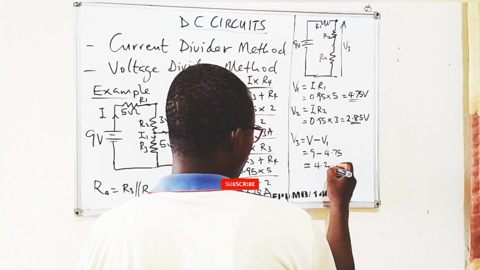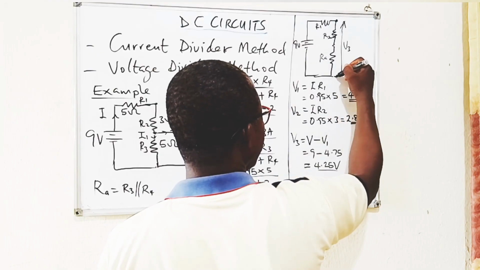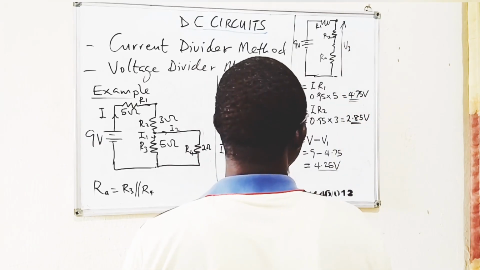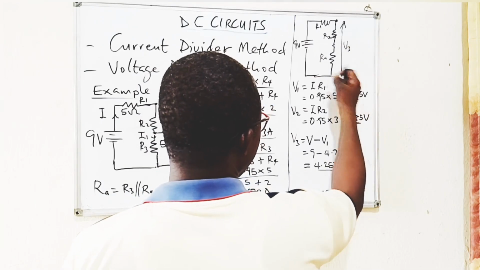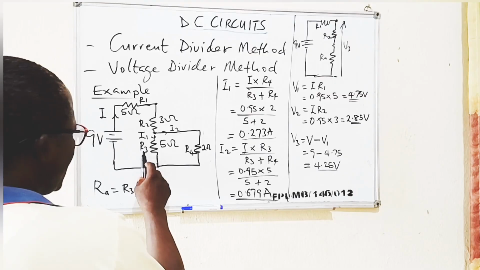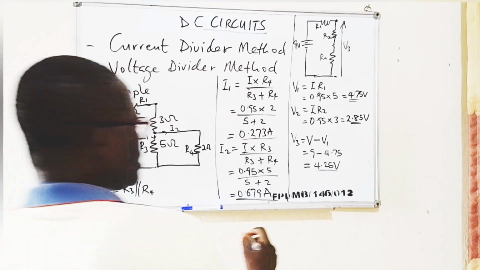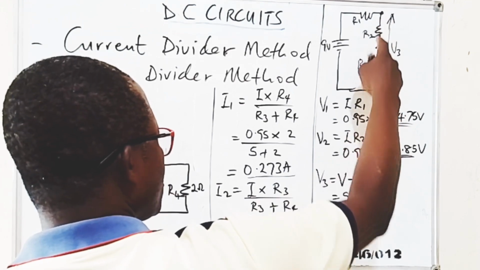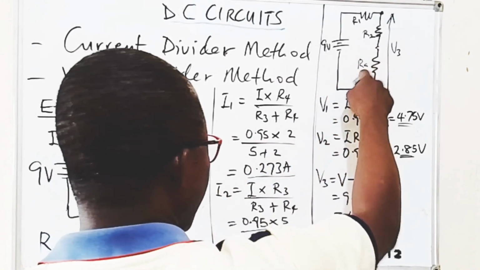That gives us 4.25 volts. So the total voltage from this point to the ground is 4.25 volts. That voltage will be split between R2 and RA. RA is actually the voltage drop across R3 and R4. So we can now use the voltage divider method to determine that voltage between R2 and RA. Mark you, it's not between R2 and R3, but between R2 and RA.